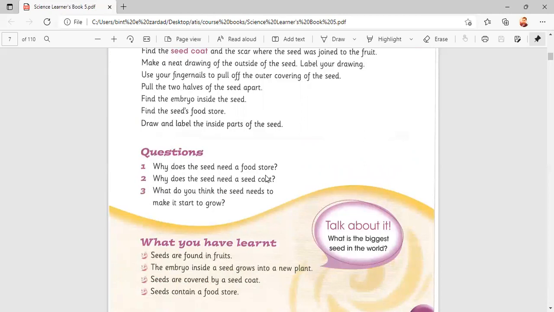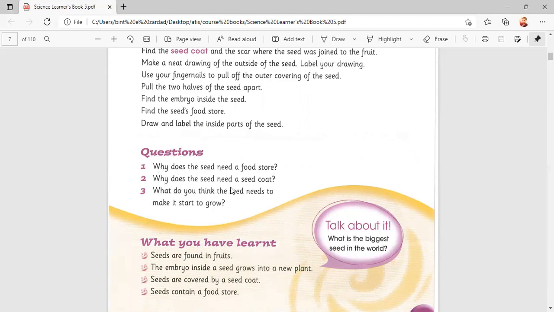So we can say the embryo can get energy to grow into a new plant. The embryo takes the food from the food store. That is why we can say a seed needs a food store. Without a food store, from where can the embryo, a tiny plant inside the seed, get energy? Obviously from the food store. That's why a seed requires a food store.